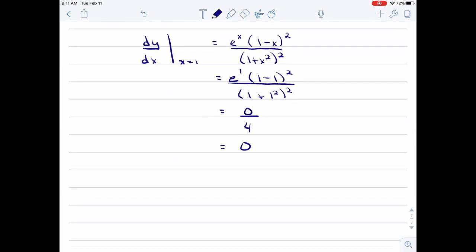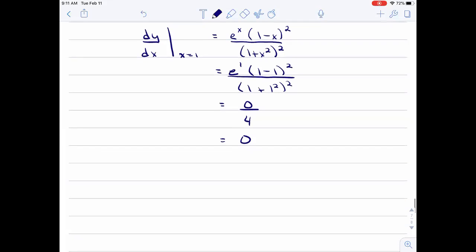What does this tell us? This tells us that at x equals 1, the slope of my tangent line is 0, which means I've got this horizontal tangent line. So knowing that the slope at x equals 1 is 0 actually tells me a lot about my curve, right? It means it's reached a peak there, or a minimum. Usually it's a maximum or a minimum.